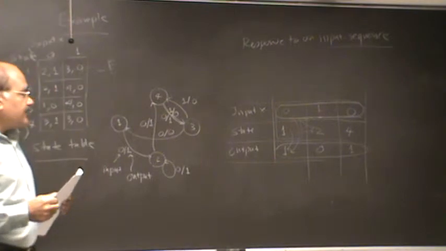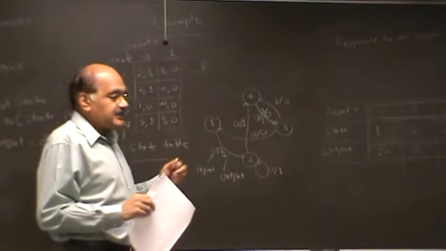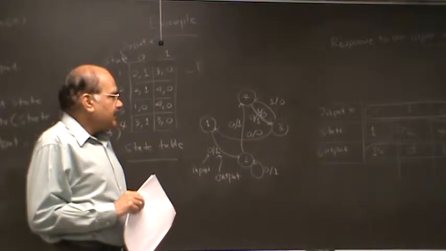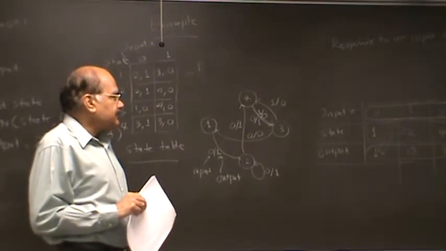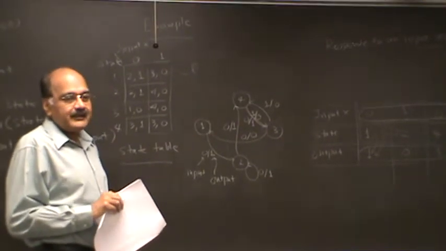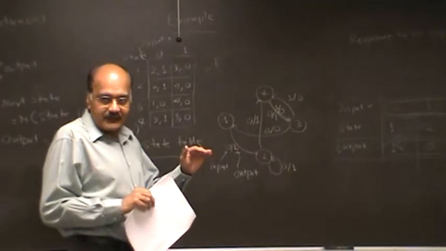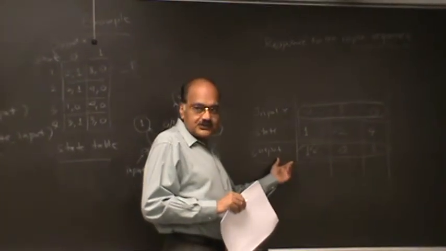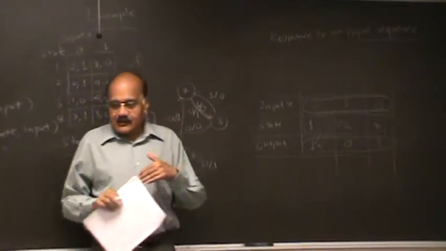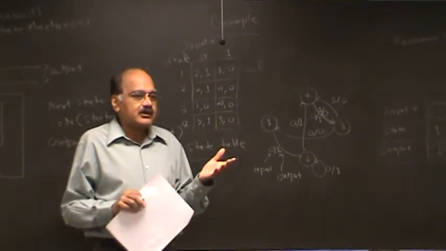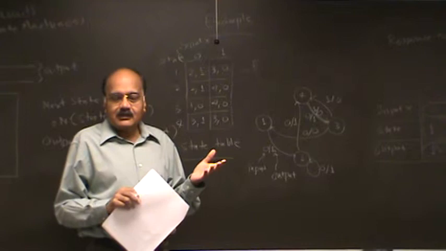So notice that whenever the behavior is sequential, if you want to test it, you need to apply a sequence of input values, and you need to observe the output sequence. In case of a combinational circuit, it doesn't matter in what order you apply the inputs.